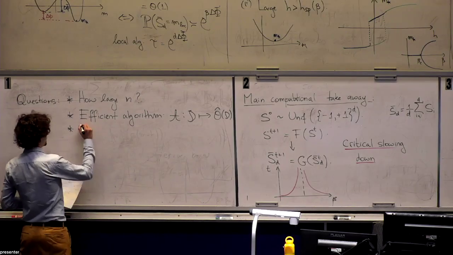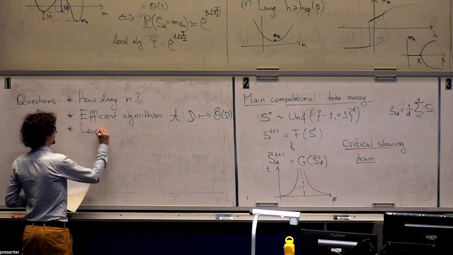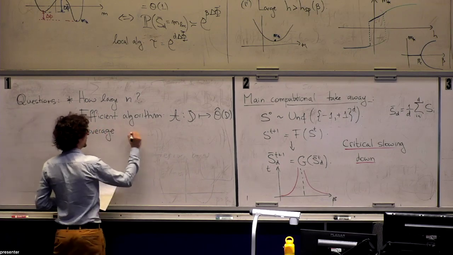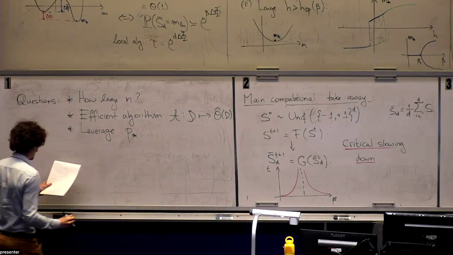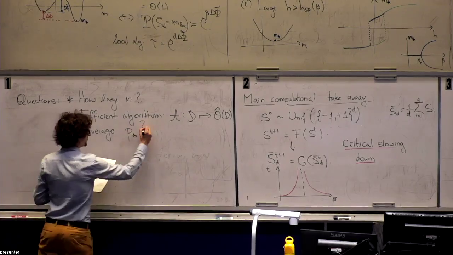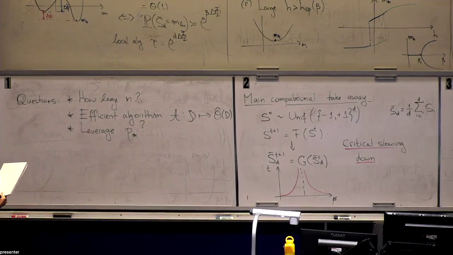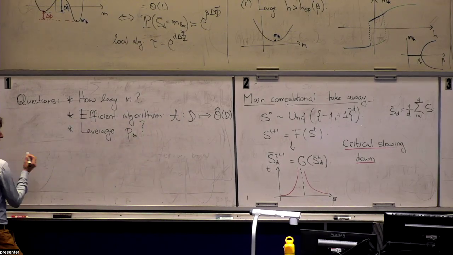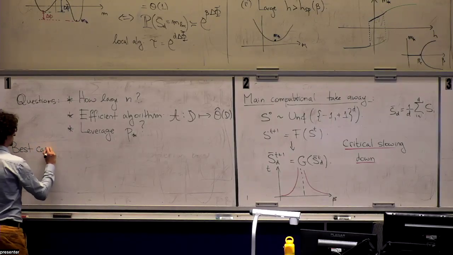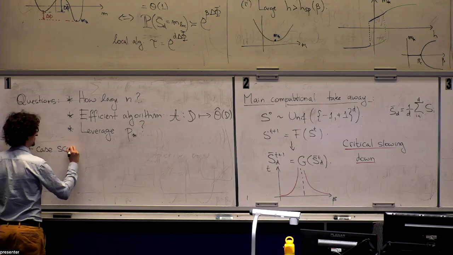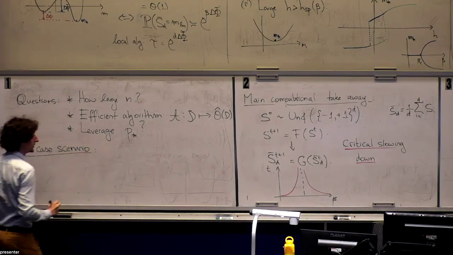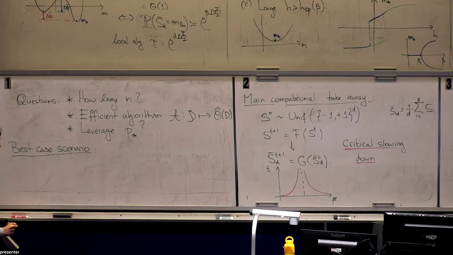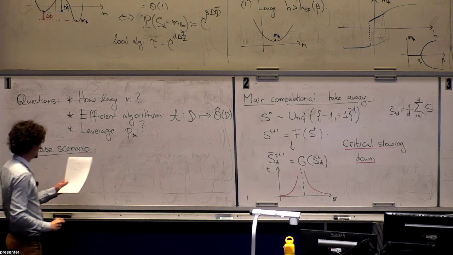So, leverage P star, or knowledge of P star. How do we do this? Okay, so here there is one case which is the best case scenario. That's the ideal world, but it is going to provide us a bound at least.